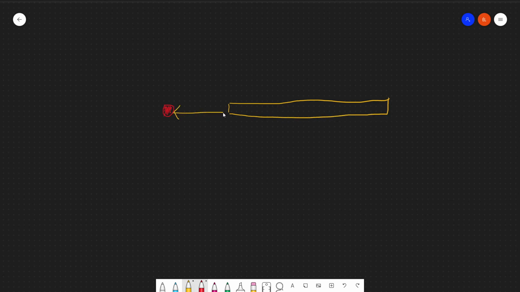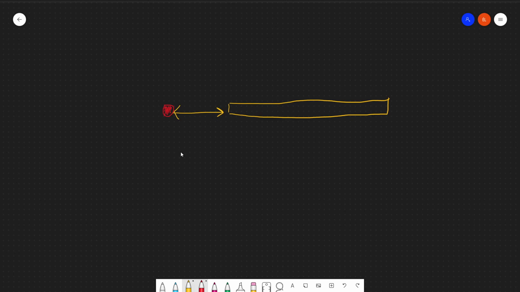electric fields. Let's say you have a charge here, a small charge, and you have a bar over here. All right, I'm gonna try to draw a bar to the best of my abilities, which are not impressive at all.